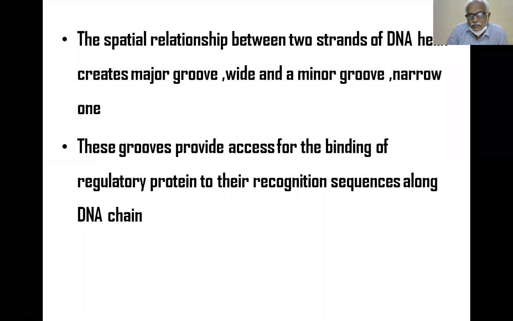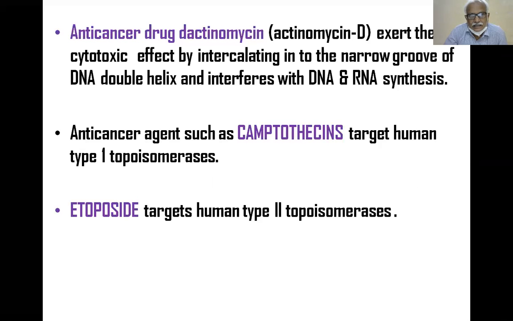So these major groove and minor groove provide access for the binding of regulatory protein to their recognition sequences along the DNA chain. So these grooves are the correct pathways where the binding of regulatory protein takes place. So the recognition sequences will run through the DNA chain.